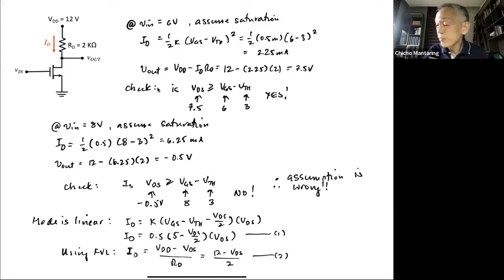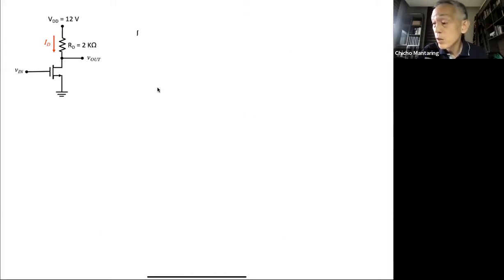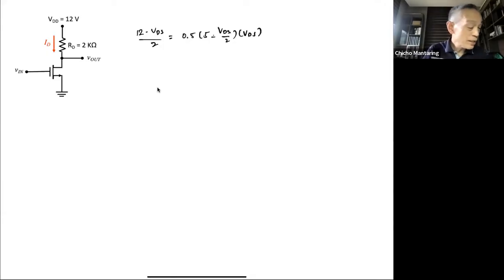So let's do that. I'm going to get (12 minus VDS) over 2, that's ID, equal to 0.5 times (5 minus VDS over 2) times VDS. Notice that this is going to be a quadratic equation. What is that quadratic equation going to look like?